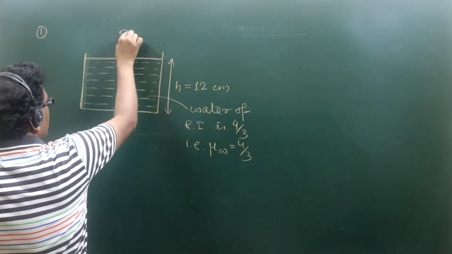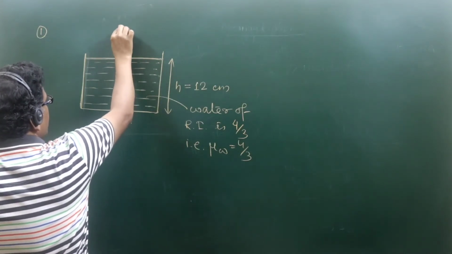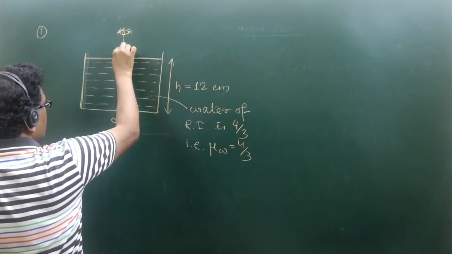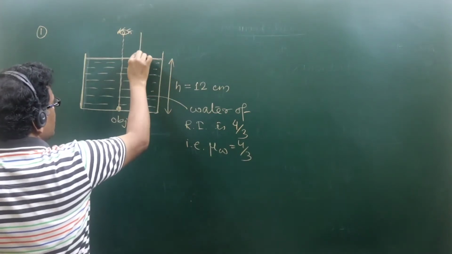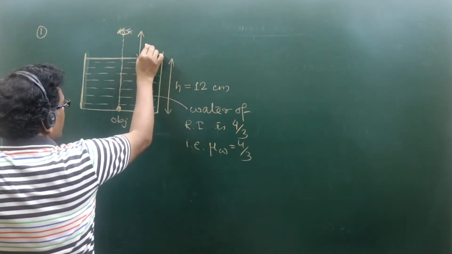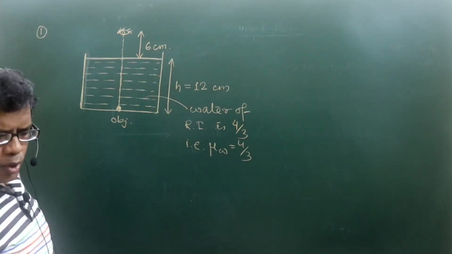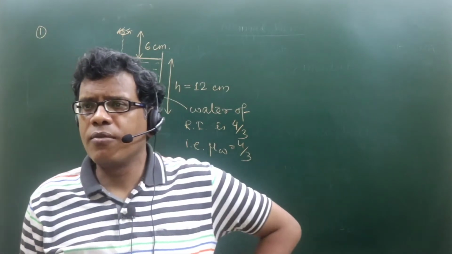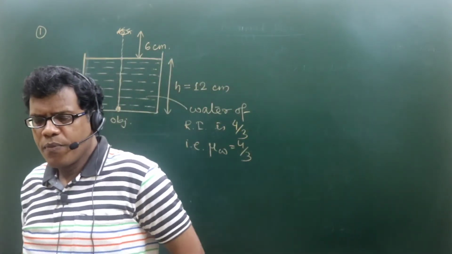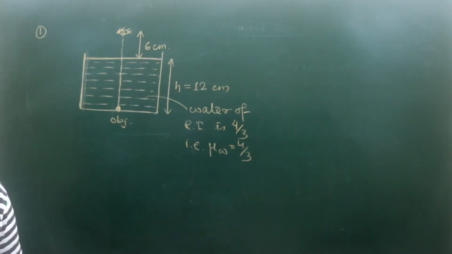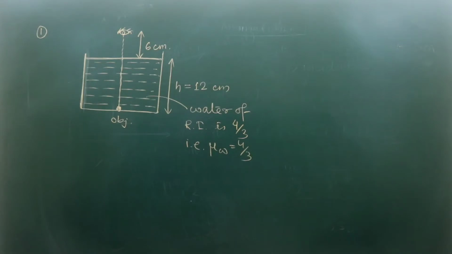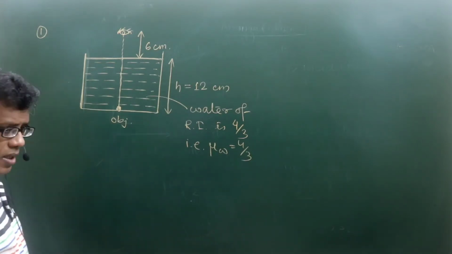Now the man is trying to see this object when his eye lens is 6 centimeter above the water surface. The position of the eye lens of the observer is 6 centimeter above the water surface.